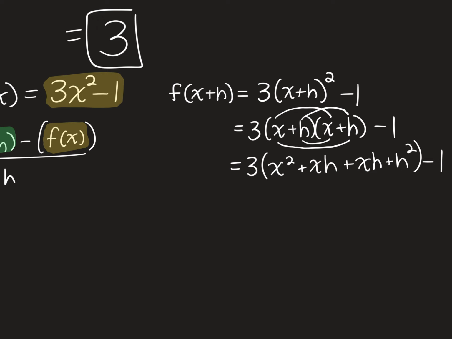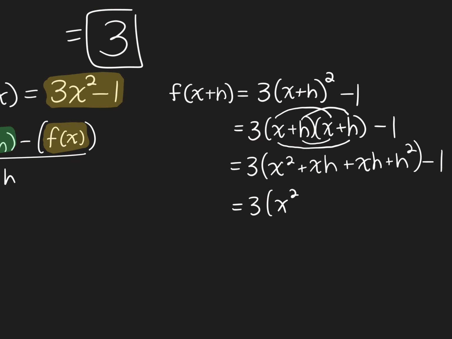Now, before I distribute the 3, I'm going to take a minute and simplify what's inside the parentheses. It just makes my life a little bit easier in the long run. So I have x squared. Now, when you see xh plus xh, you have one xh, you add another xh onto that. How many do you have?